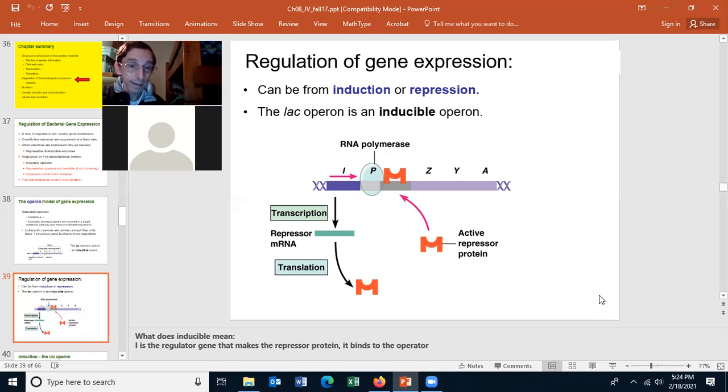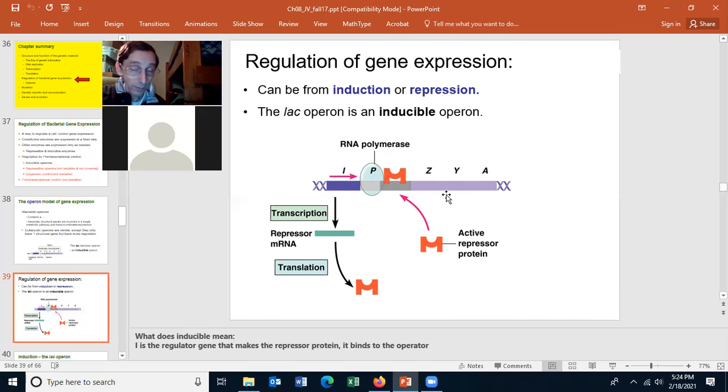What happens is the repressor gene, which is this I gene here, normally is not near the operon it controls. But in the case of the lac operon, the regulatory gene, the I gene, is right next door to the operon.